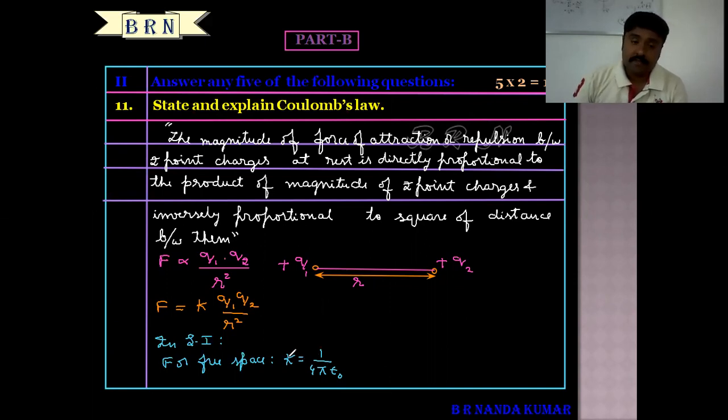Okay, so substitute this value in this equation. So finally, we will get the expression for the Coulomb's inverse square law. F is equal to 1 divided by 4 pi epsilon naught Q1 Q2 divided by R square. So this is the mathematical expression for Coulomb's inverse square law.